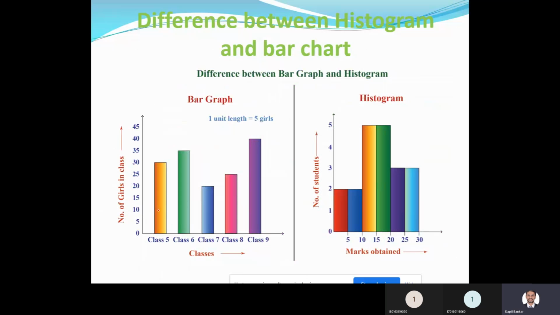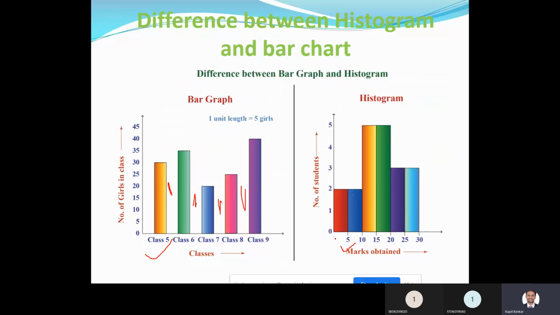This is a bar chart. Each bar has some gap between the bars. While in a histogram there is no gap between the bars. Here on the x-axis some categorical data are mentioned, and on this x-axis numerical values or ranges.